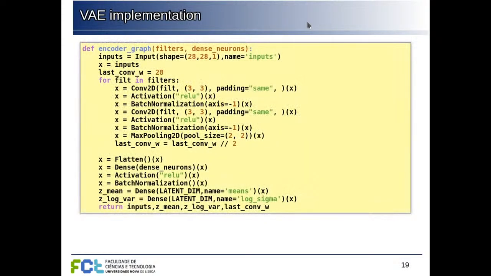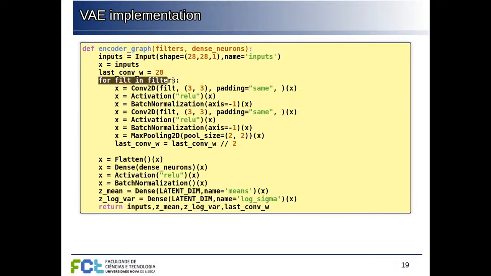Okay, so now let's create the computational graph for the encoder. We're going to use the functional API for this. We have these inputs, so the shape of the input tensor will be 28 by 28 by 1. This is a single channel image that we have. And we are going to receive here a list of how many filters we want in each convolution layer.